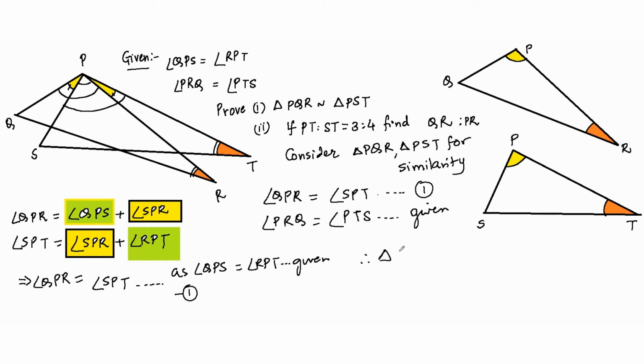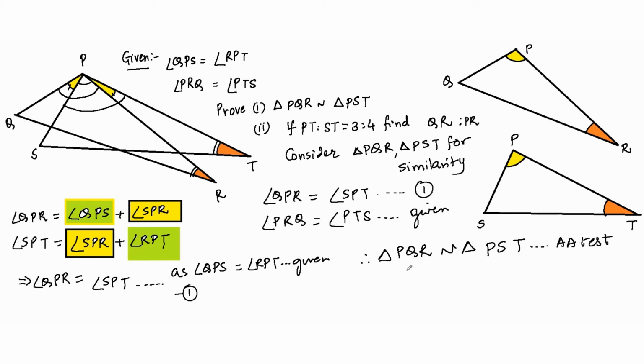Therefore, triangle PQR is similar to triangle PST. Vertex R maps with vertex T, and P matches with P. This is because of the AA test of similarity, right?